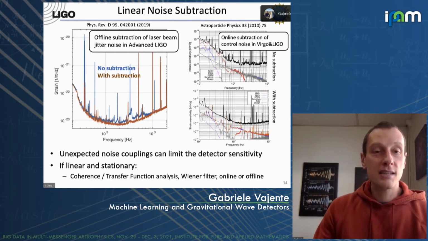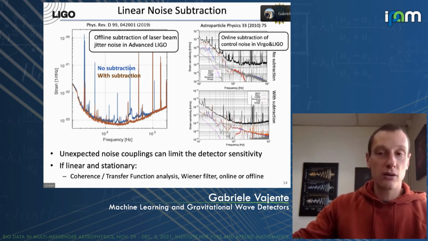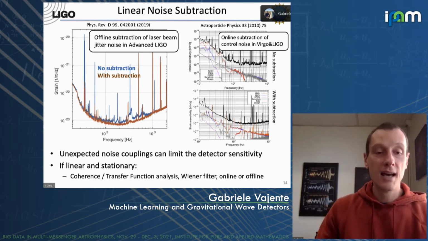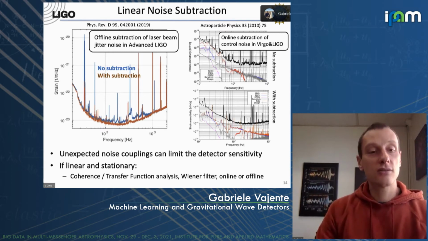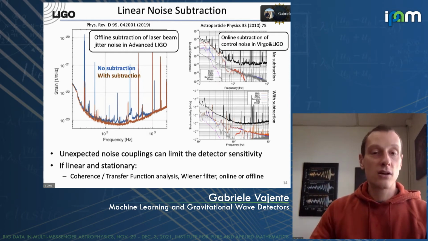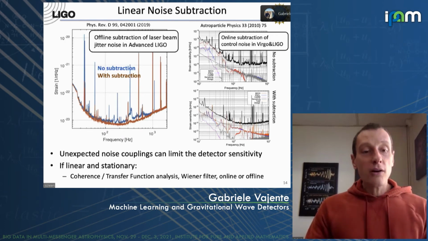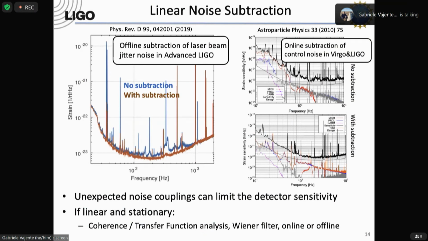There are a few examples here of both online and offline subtraction of some noise that was witnessed by auxiliary channels, that was identified because of the experience of the commissioners, or because we were looking at the frequency domain coherence between the main gravitational wave strain and the auxiliary channels. And this could be subtracted either using some sort of linear filter offline or using some feed-forward techniques in the online system. So the point here is that the coupling of the noise from auxiliary channels to the main sensitivity is linear and stationary.